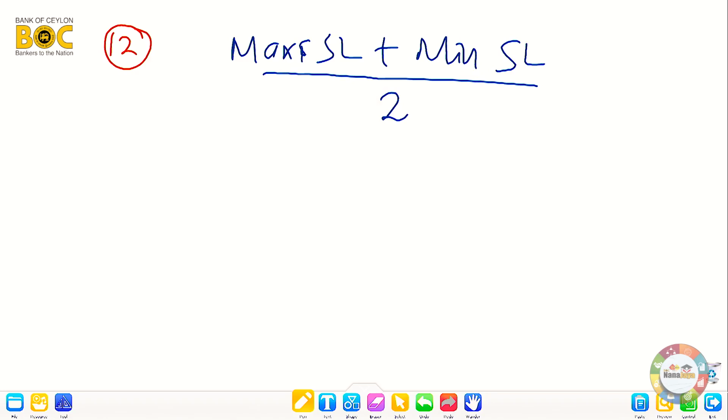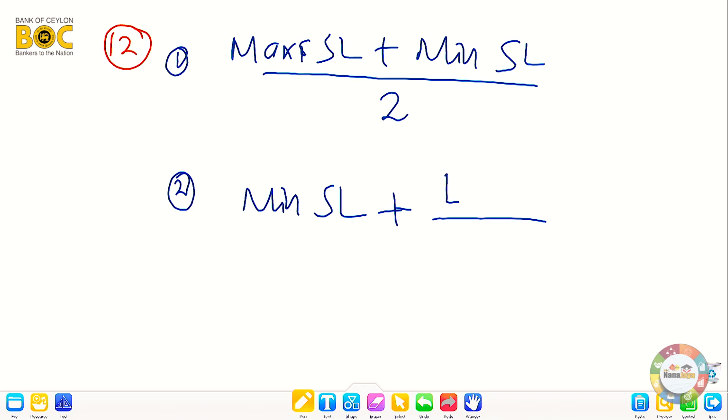The second formula: take half of your EOQ, the reorder quantity.